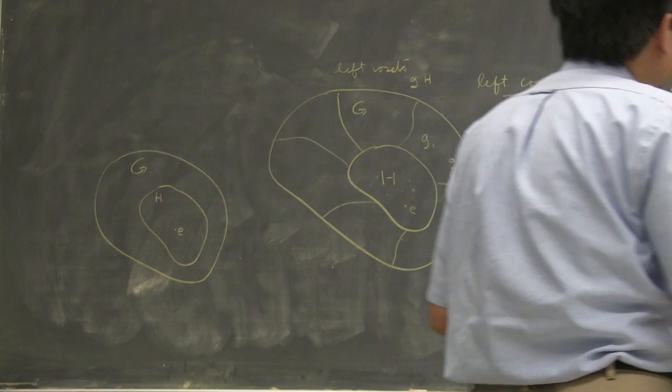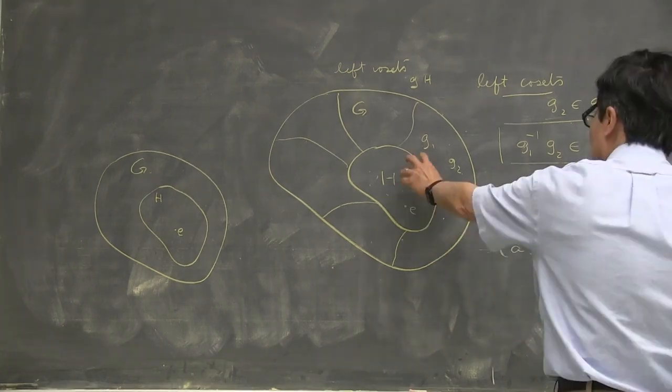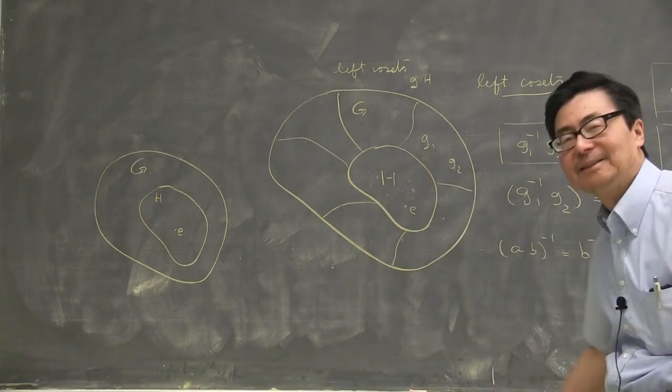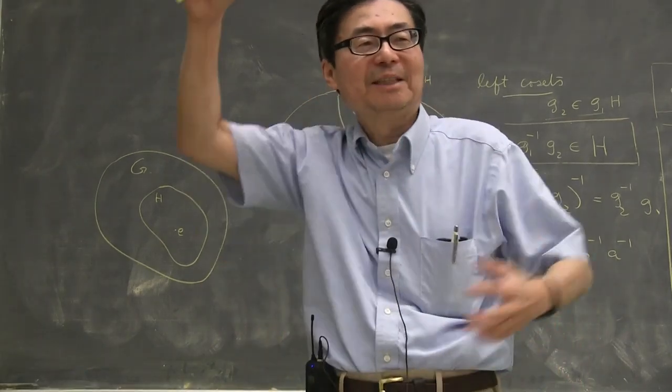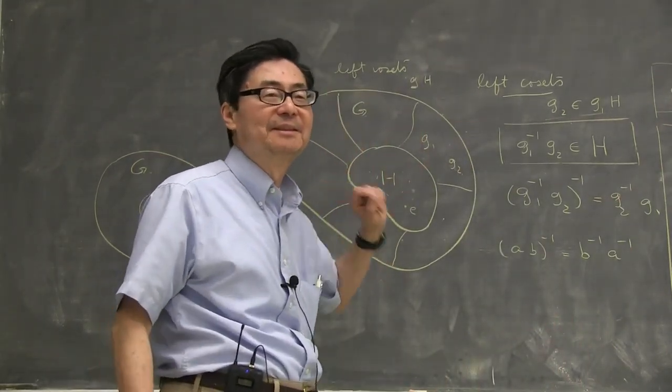All right, so the thing to remember is that in general, the set of left cosets is different from the set of right cosets, although there's one element which is the same in each case, and that is H itself. But all the other bundles are different, so to speak. Okay?